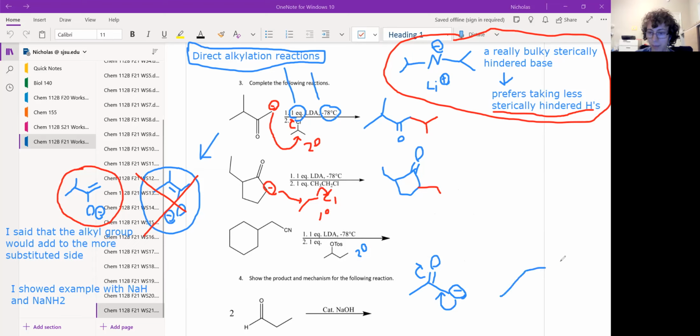and resonance stabilizes it, so that makes it possible to form this in the first place. And similarly, if we have a nitrile and we have an enolate alpha to the nitrile, that's a negative charge next to a triple bond. So again, you can draw a resonance form, which stabilizes the enolate and makes it possible to form in the first place. So nitriles can react similarly to carbonyls in these reactions.